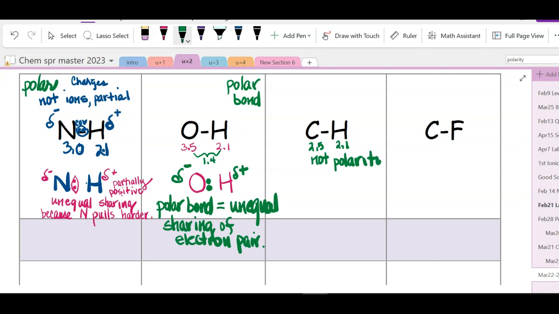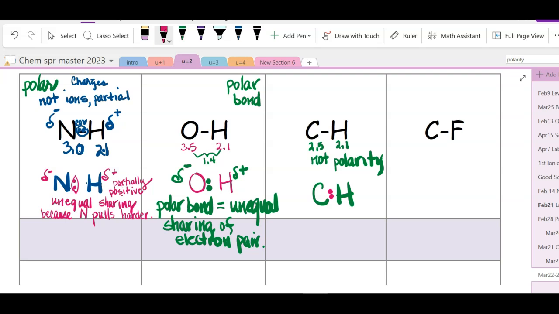So what would that mean if we drew it? It means if we have a carbon here and a hydrogen here, look what's going to happen to the electron pair. It's going to be slightly closer to carbon, but see how it's very in between.